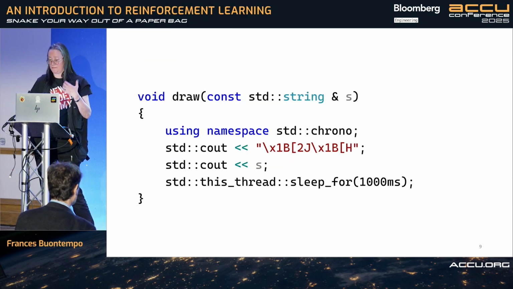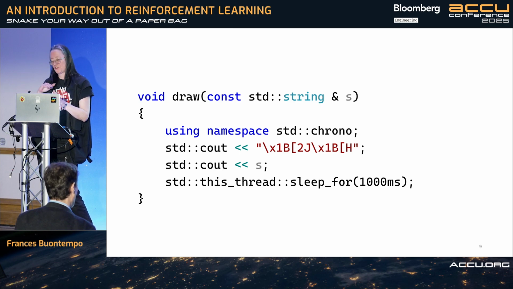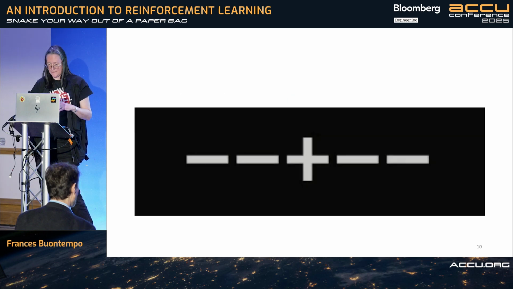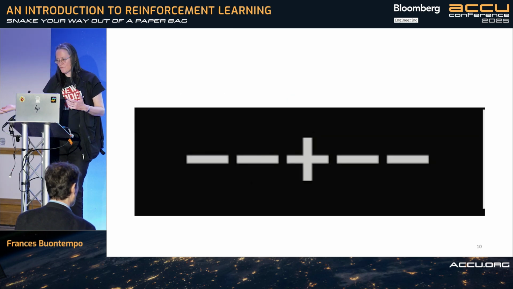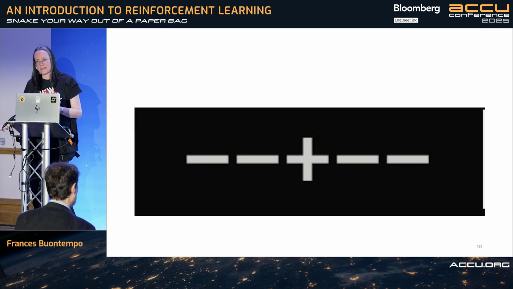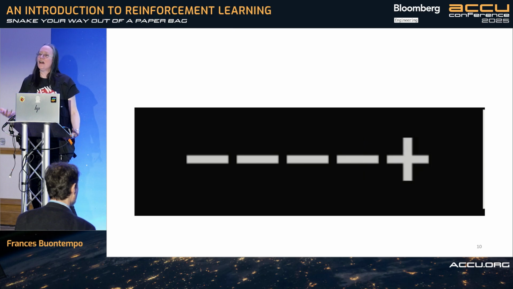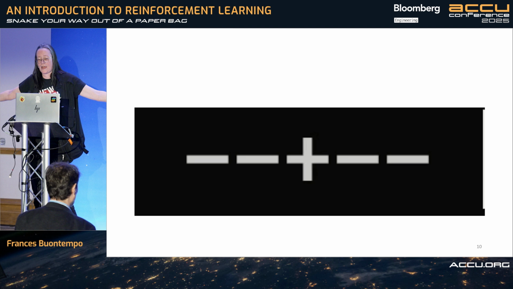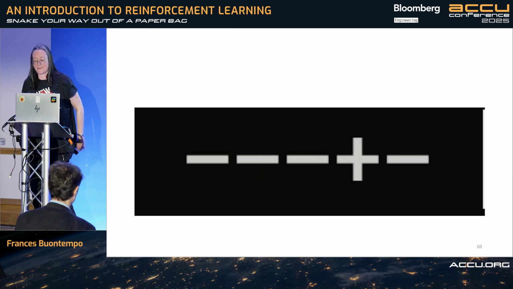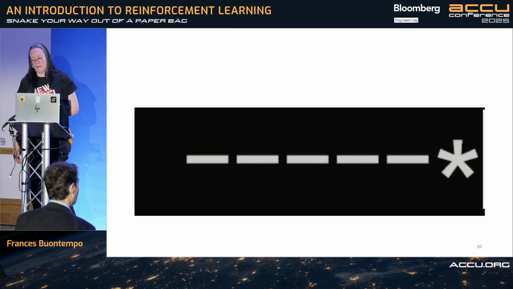And then I draw things by invoking a slightly sneaky way of clearing the screen, and I'm going to just do a string with a little plus sign, I think, to show you where it is. And just at random, it maybe goes left, maybe goes right. And like I said, eventually, some of the runs will go out one side of the bag or the other. And there we go.